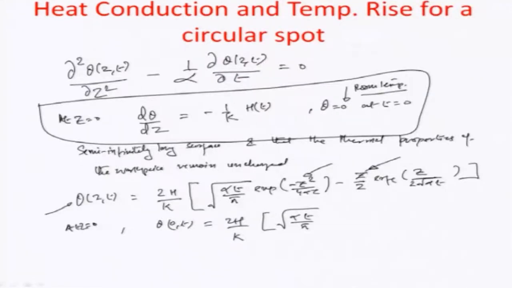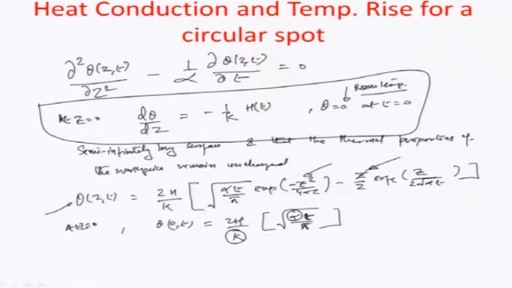So, this is z. We are actually left with a very simplistic expression theta equal to 2 h by k, where k is the thermal conductivity, to square root of alpha t by pi, t being the time, alpha is the thermal diffusivity, it is a ratio of the conductivity and the volume specific heat of a material.